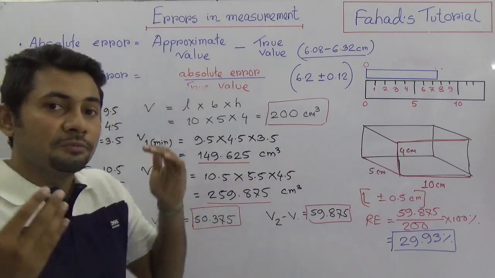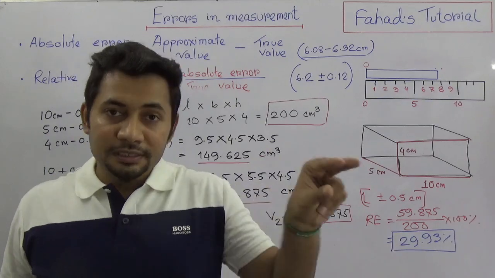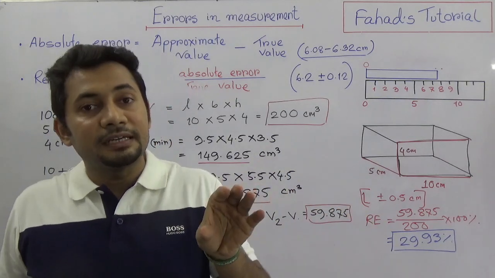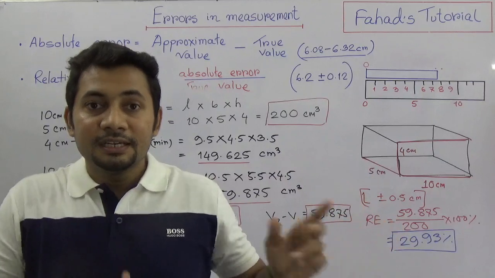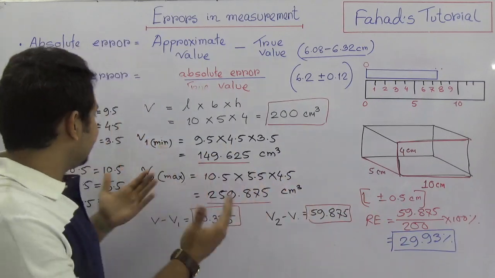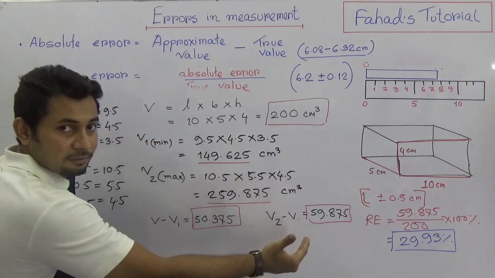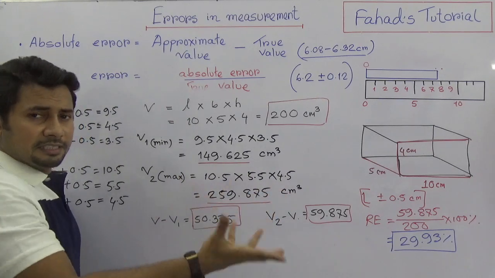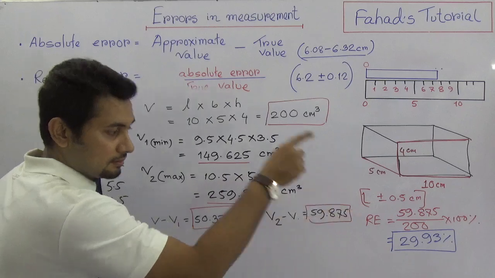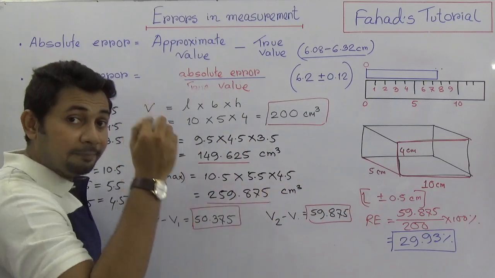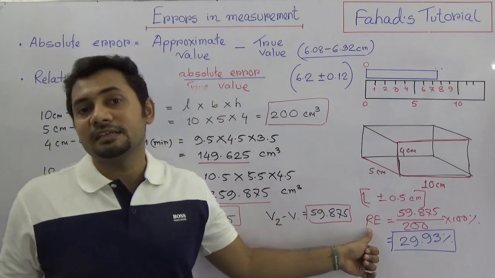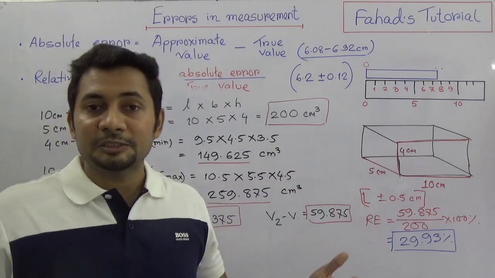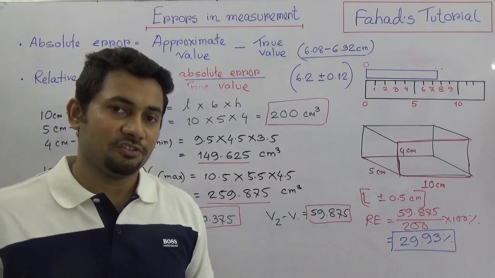At first we need to measure the value based on the data, and then whenever we add or subtract the absolute error, we will find the minimum one and the maximum one. We will take the maximum one, and that can be the maximum error. So considering that maximum error, that is the absolute error, we will find the relative error, and we can also express these errors in percentage.